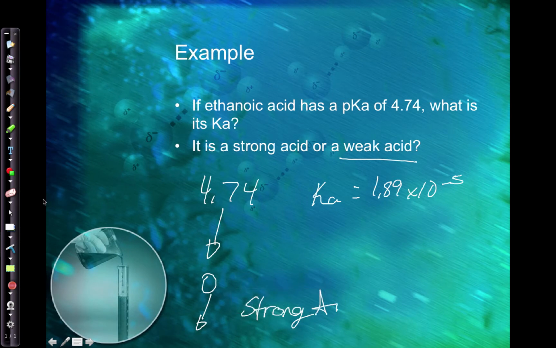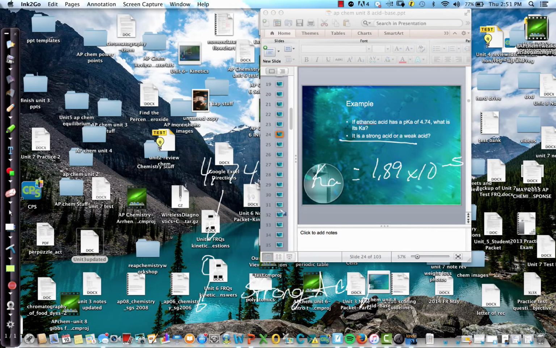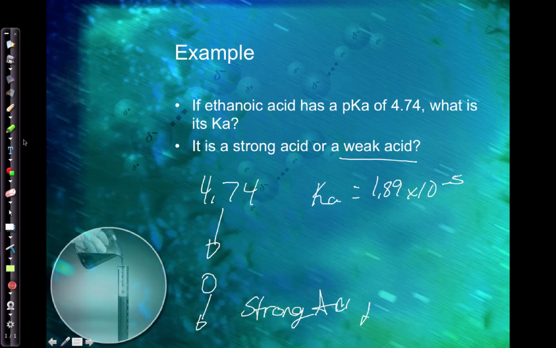So those are going to be strong acids. So the closer it is to 0, the stronger it's going to be. But if I look at the Ka, automatically I should know it's going to be a weak acid because it's less than 1. When K is less than 1, usually we make very, very little products.